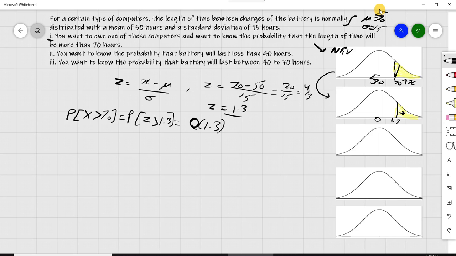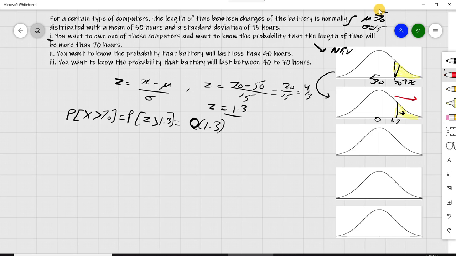Why? Because if I remember from our previous discussions, the Q table tells the probabilities from a point onwards. So if I put the value of 1.3 in the Q table, it will tell me the probability after 1.3.